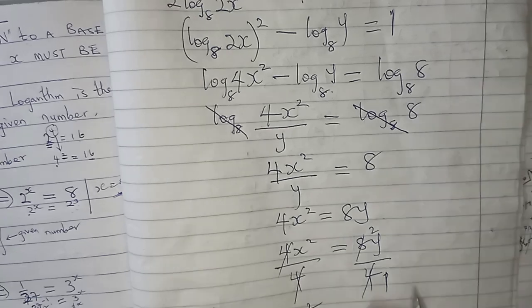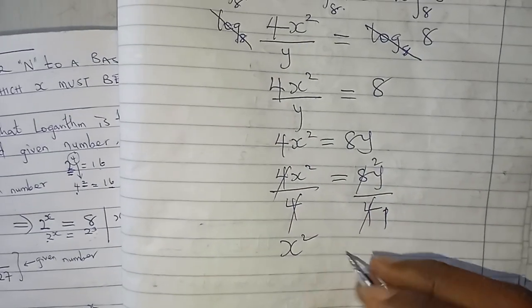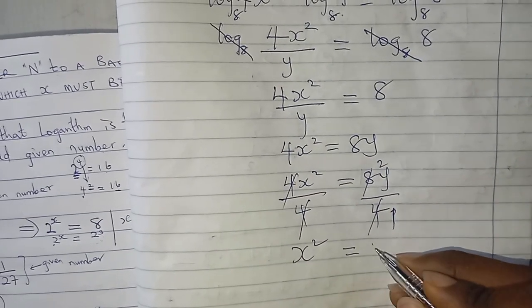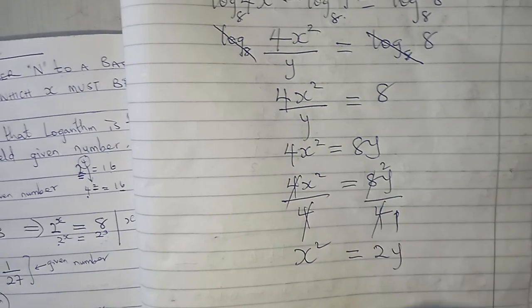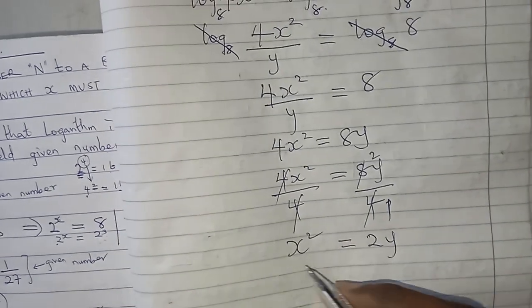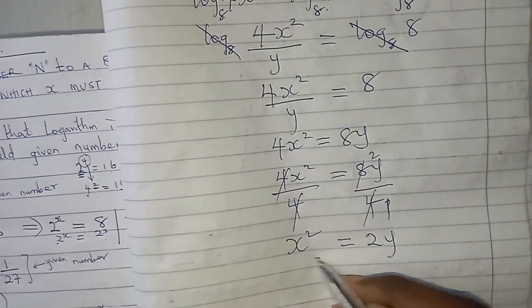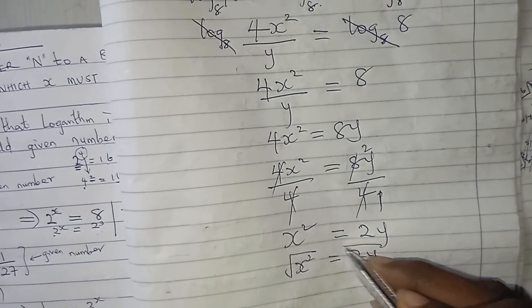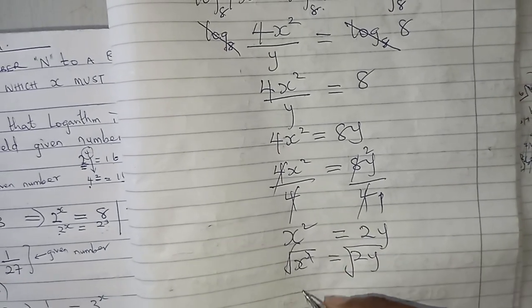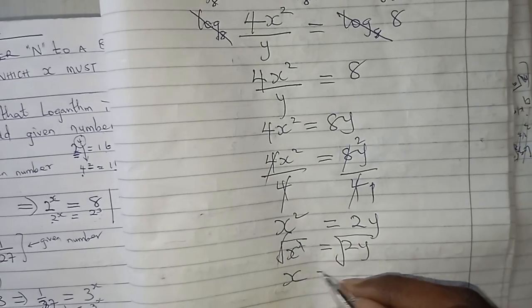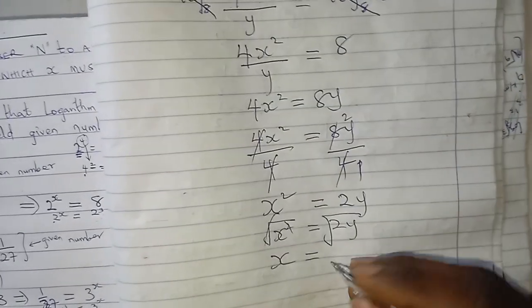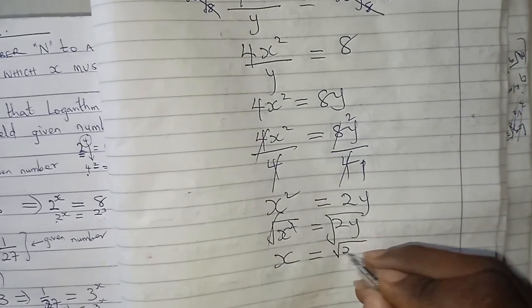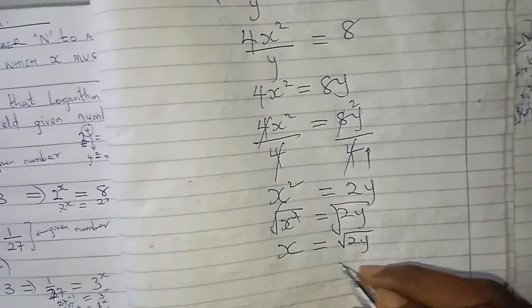So x squared is equal to 2y. And notice I can take the square root of both sides, so the square root of x squared is the square root of 2y. So what express x in terms of y is saying is simply make x the subject of the formula, or find x.